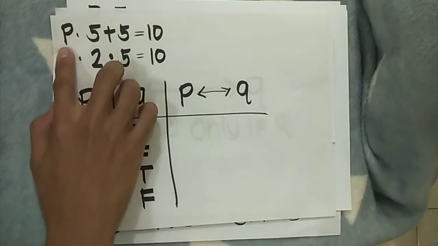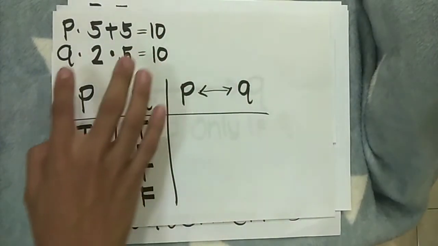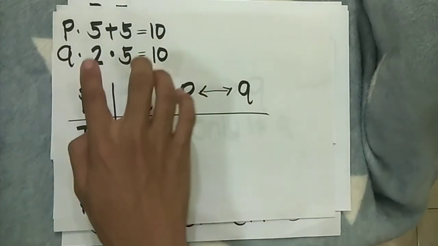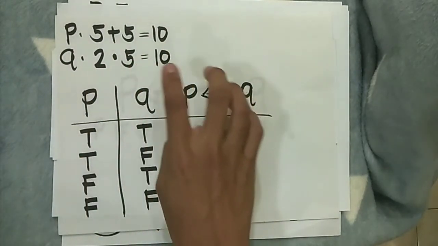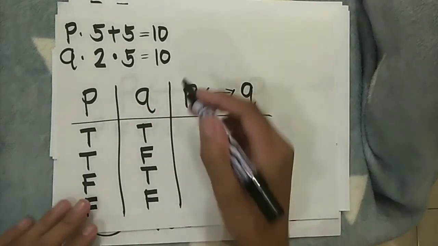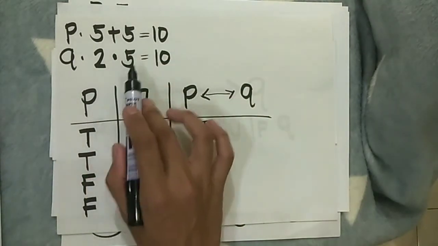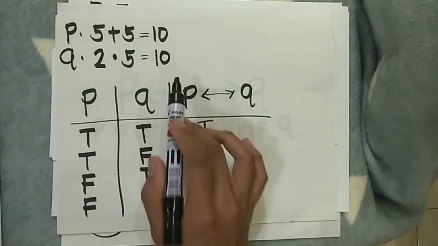Now, if it is true that P, 5 plus 5 equals 10, and the statement Q, 2 times 5 equals 10, is true, we're going to have a true statement. If I know that 5 plus 5 is equal to 10, I can expect that 2 times 5 is equal to 10. And similarly, if I know that 2 times 5 is equal to 10, I can expect that 5 plus 5 is equal to 10.